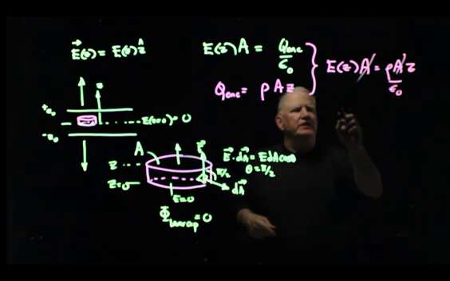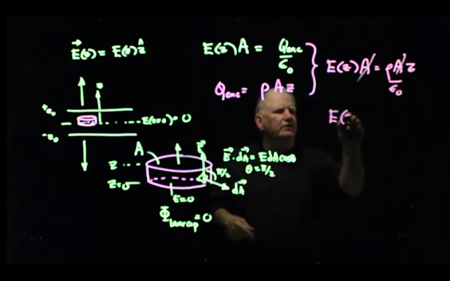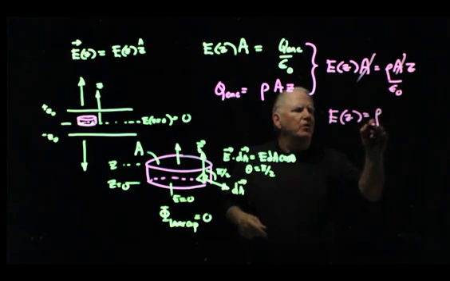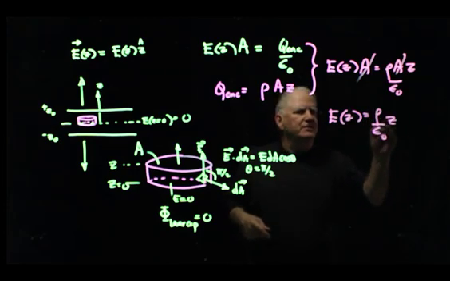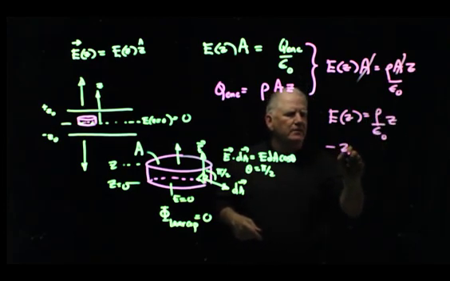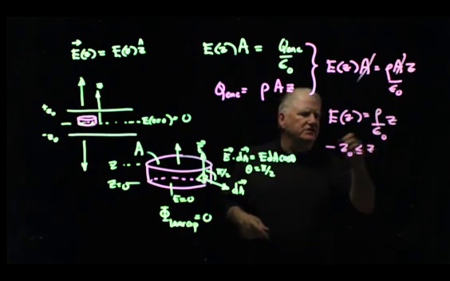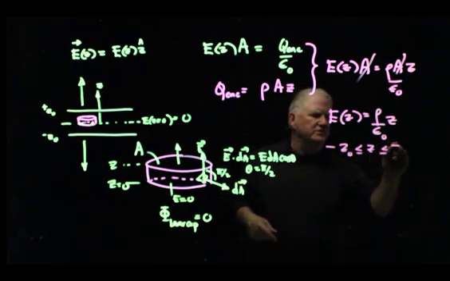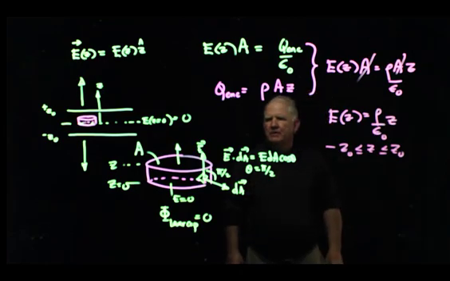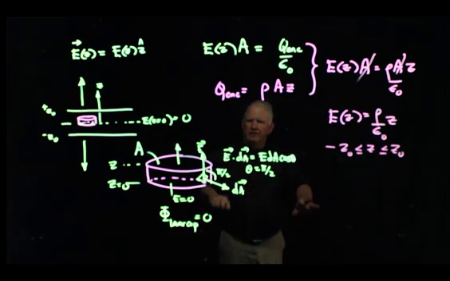These two A's cancel, and the electric field is given by rho over epsilon 0 times z, provided z is between minus z0 and z0. So that's the solution to the problem inside the slab.